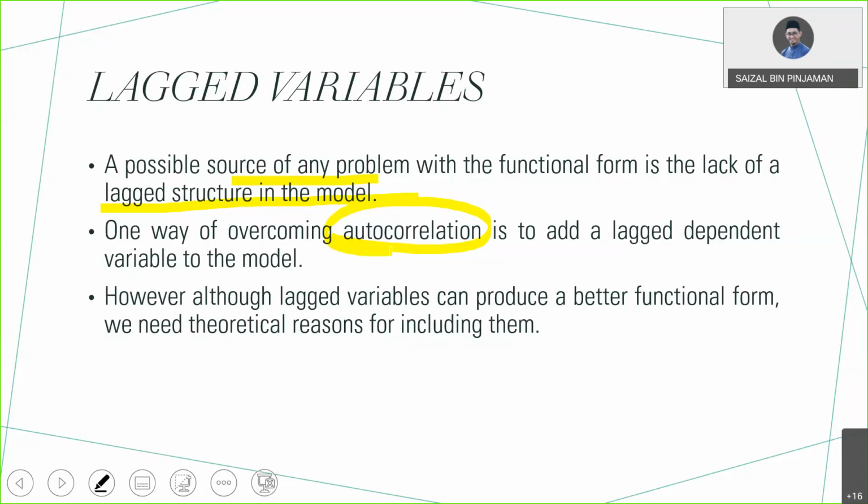However, it doesn't mean that whenever we conduct economic analysis, be it time series or panel analysis, we have to use lag variables. No, because we need to have strong justification, either based on theory or based on previous research.